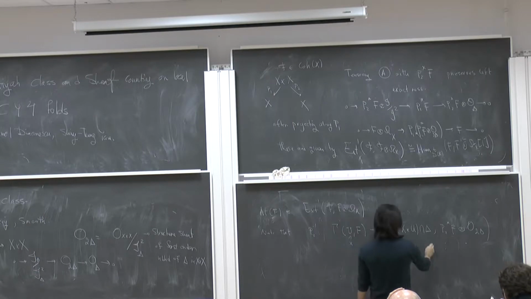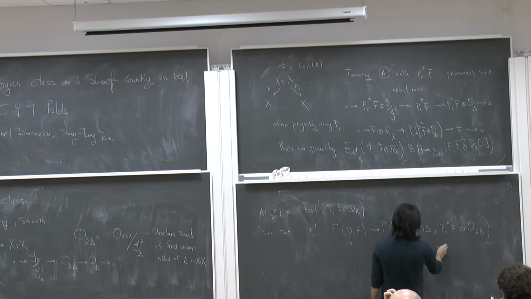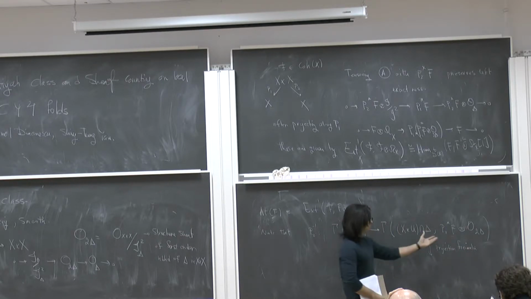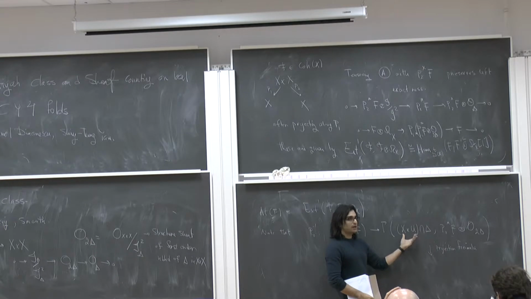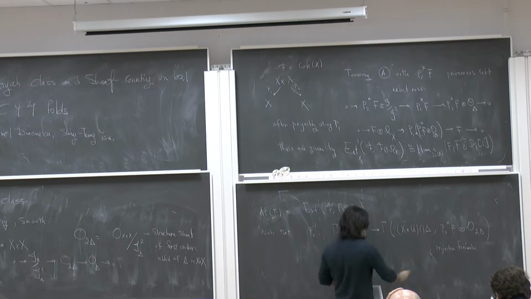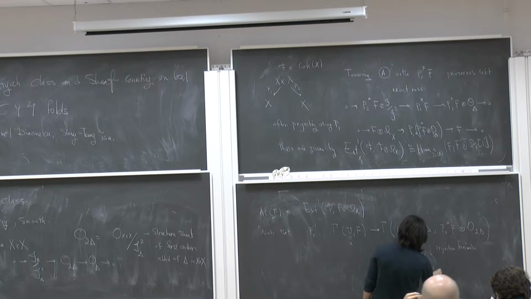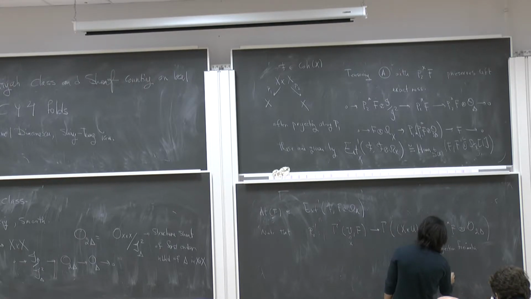And by the projection formula, you can actually rewrite the sections of the pullback of F on this as sections of F over U, P1 lower star of P2 upper star of F tensored with O of 2 delta.